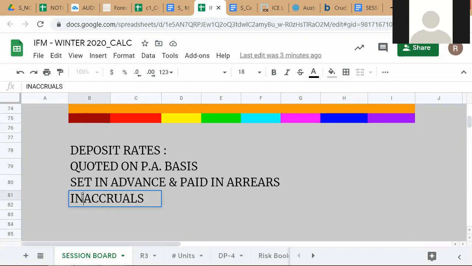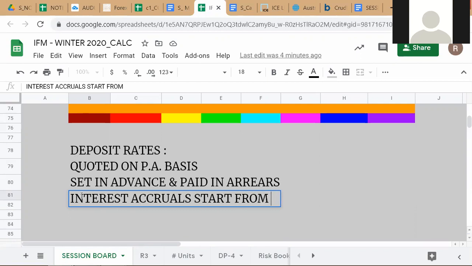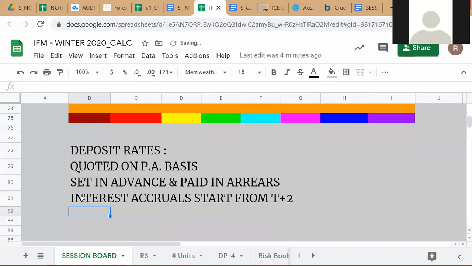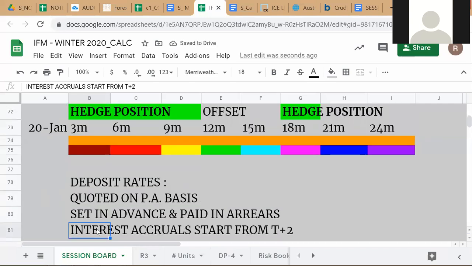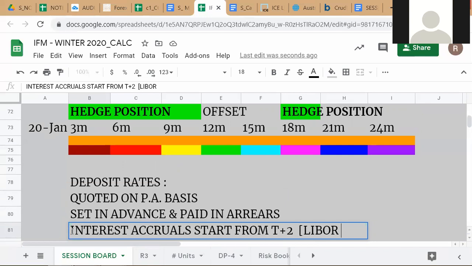Interest accruals start from T plus 2. In certain markets it may be a little different, but for LIBOR, the most important rate, and other international interest rates, this is the general convention.